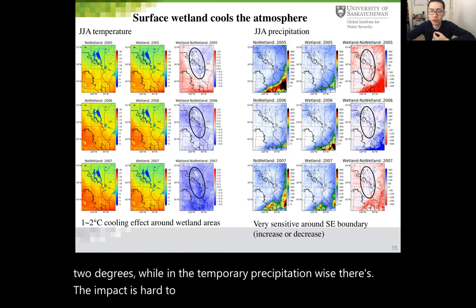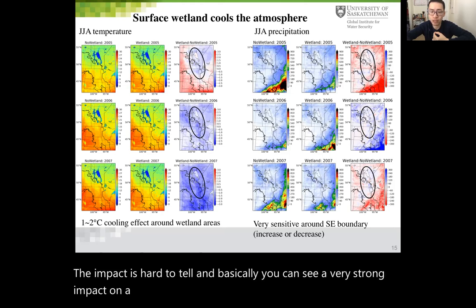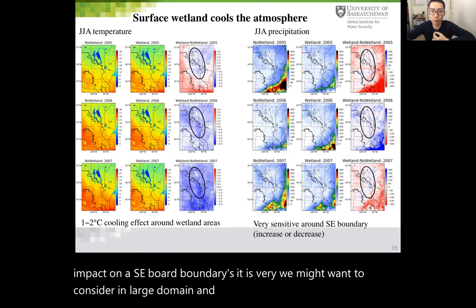You can see a very strong impact on the southeast boundaries, so we might want to consider enlarging the domain to get a robust conclusion.